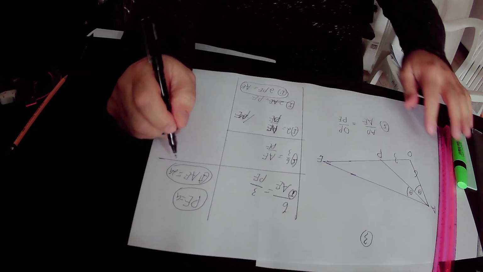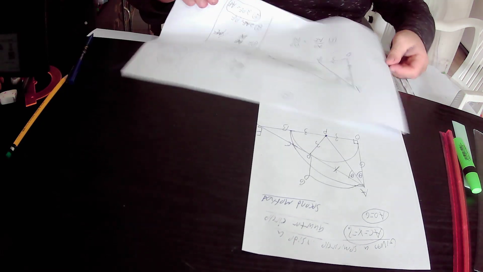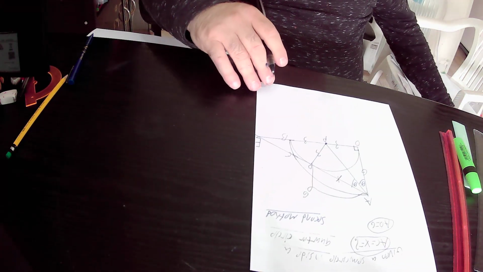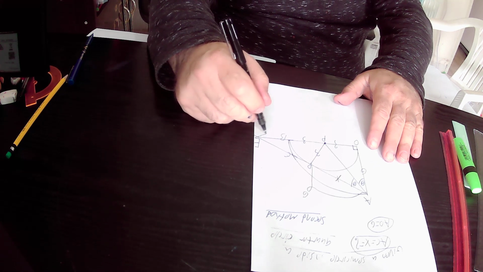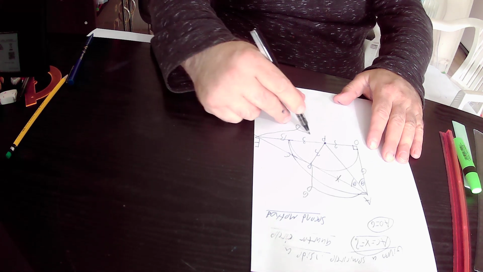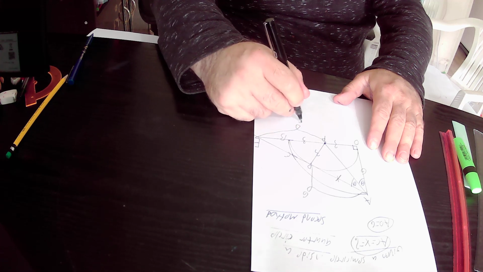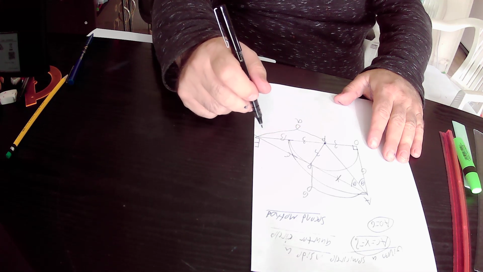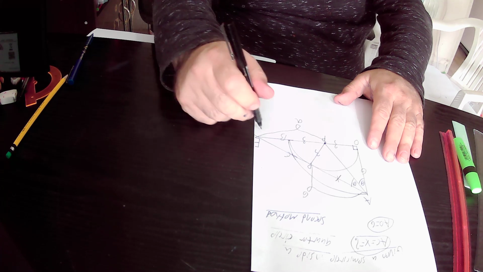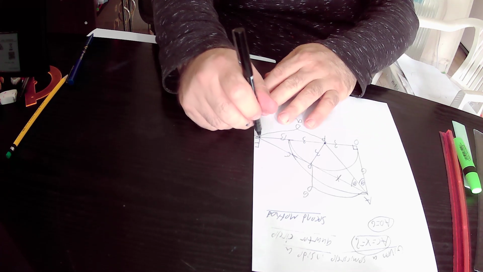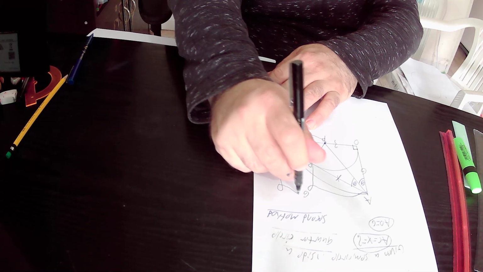So here we found out that PE equals a, and AE equals 2a.